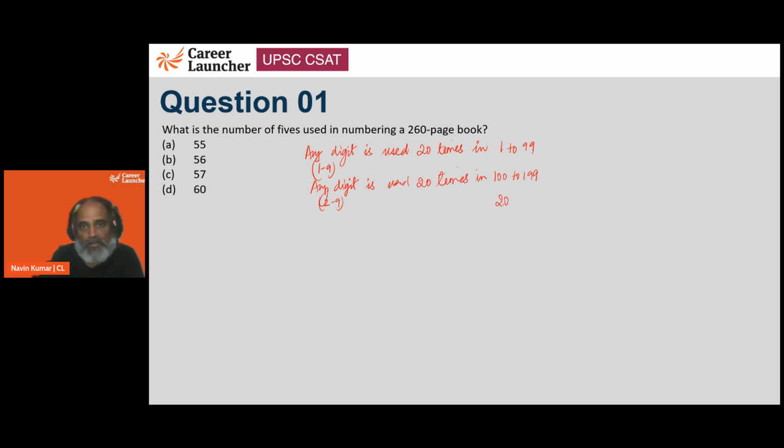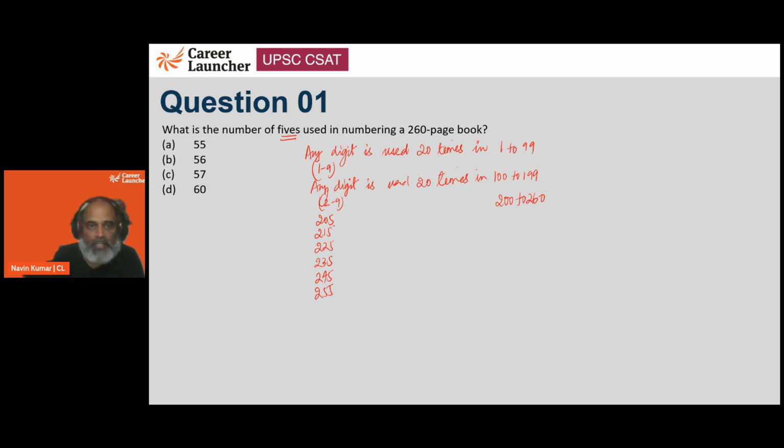Now, from 200 to 260, if we look at the digit 5, we are only looking at the number of times 5 is used. So 205 will be there, then 215, 225, 235, 245, 255.